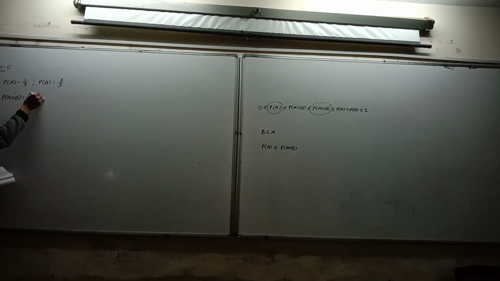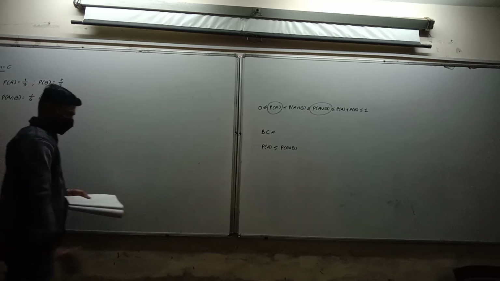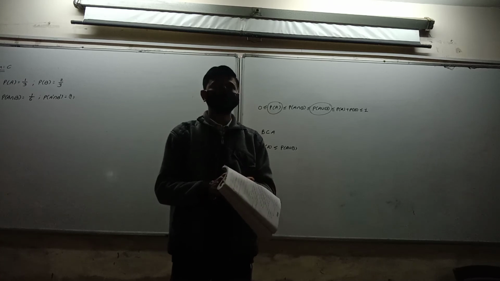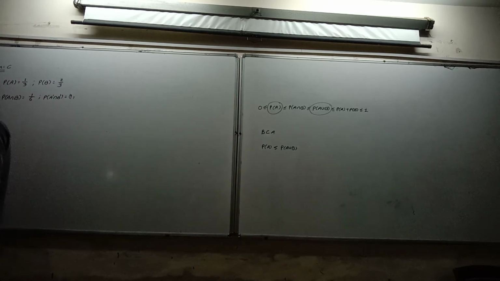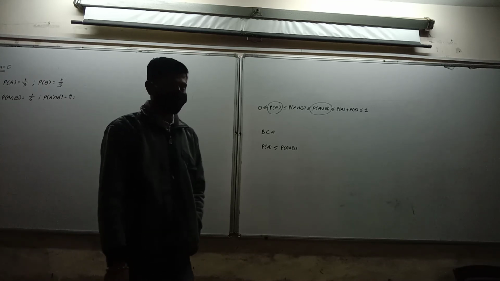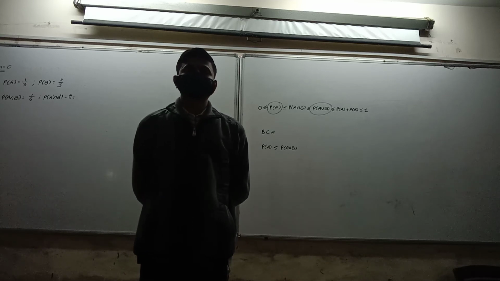Then find P of A dash intersection B dash. चलो किस मेथड से फाइंड करेंगे बोलो. नहीं तो फिर नेक्स्ट लेक्चर में अपन फॉर्मूला पूछना स्टार्ट कर देंगे. A dash intersection B dash, फॉर्मूला बोलो.